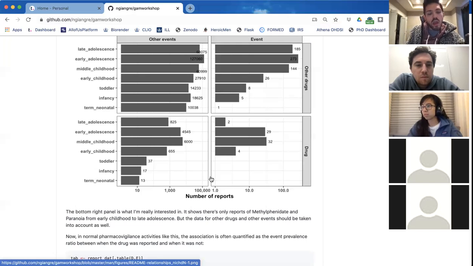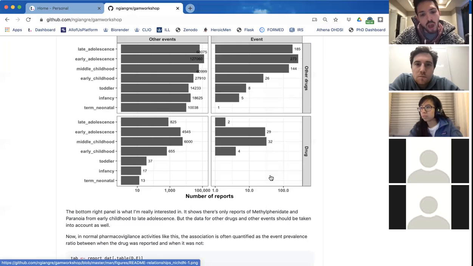And when we try to model things later on, we want to take into account the occurrence of the drug and the adverse event together, but also the occurrence of the event with the other drugs, and the occurrence of the drug with other events.